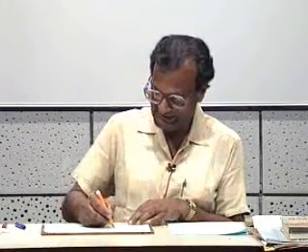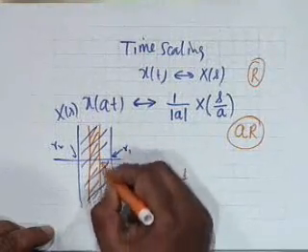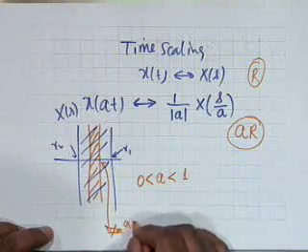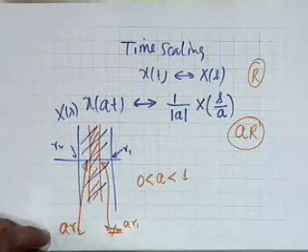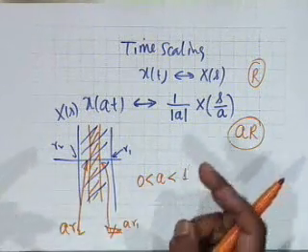It would be compressed. In other words, we shall have an ROC like this, where this is a times R1, and this is a times R2. Is this point clear? Depending on the value of a.